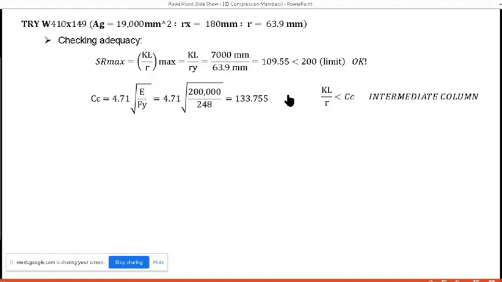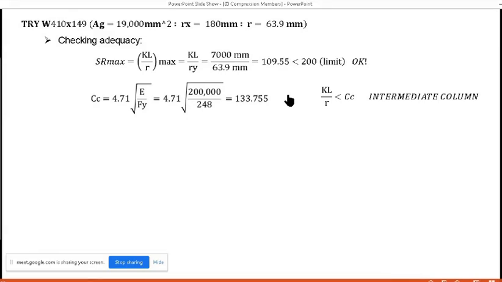Diba? So far, may question ba? Wala pa naman. Okay. So pag na-determine na natin yung type of column natin, alam na natin kung anong flexural buckling stress ang gagamitin nating equation.